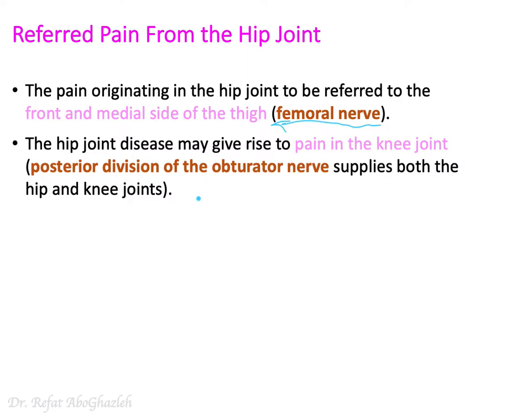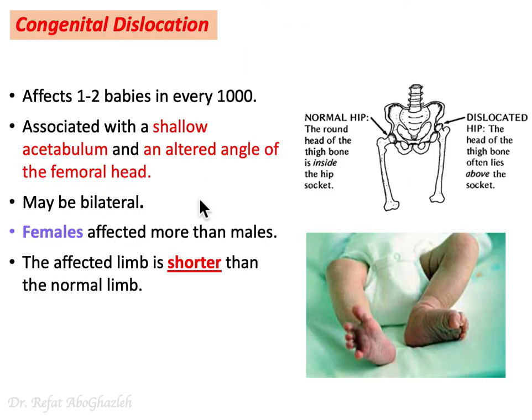Now, there is sometimes congenital dislocation of the hip joint, 1 to 2 babies in every 1,000, in which, for example here, you will see the dislocation of the hip joint, in which the head of the femur is dislocated superiorly above the acetabulum, and you notice that the dislocated limb is shorter than the normal one.